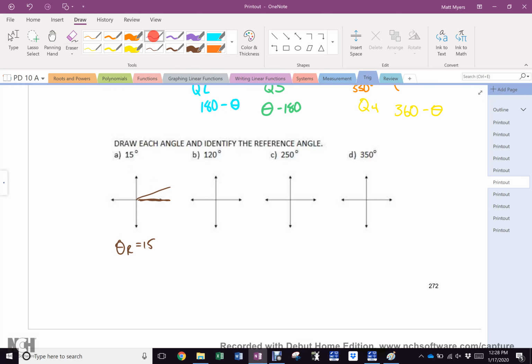All right. What's B? There's the angle, 120. Theta r is 60, right in there. 250.